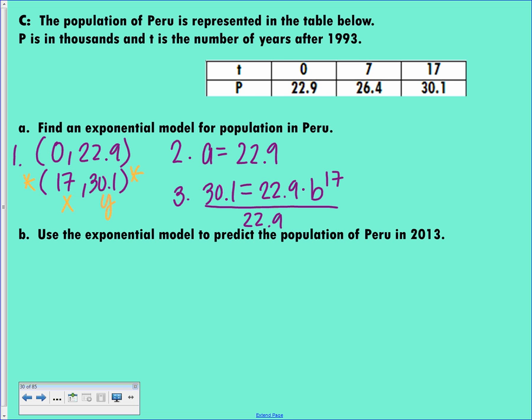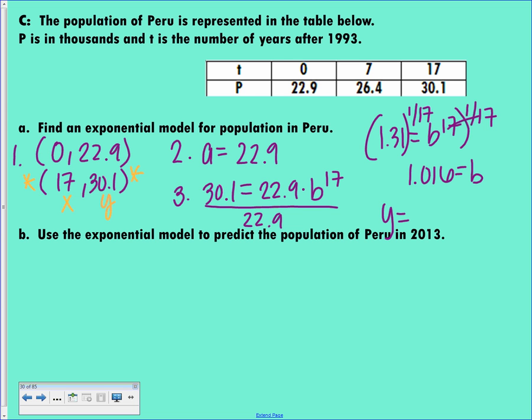So I should get 1.31 equals B to the 17th. Again, you're always going to raise that to the reciprocal, so that's going to be to the 1/17th. Okay, so I'm going to get B to equal about 1.016. So my final equation is y equals 22.9 times 1.016 to the x.